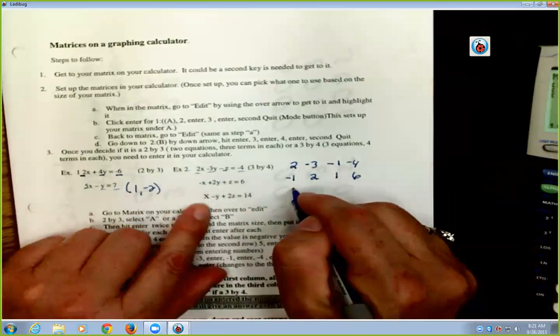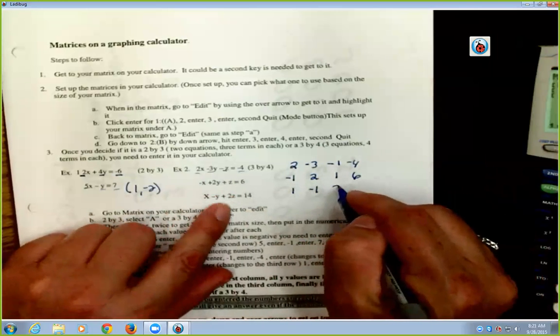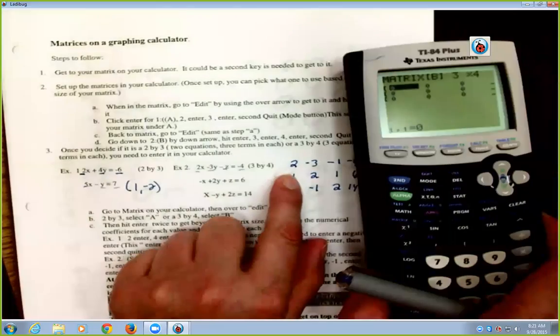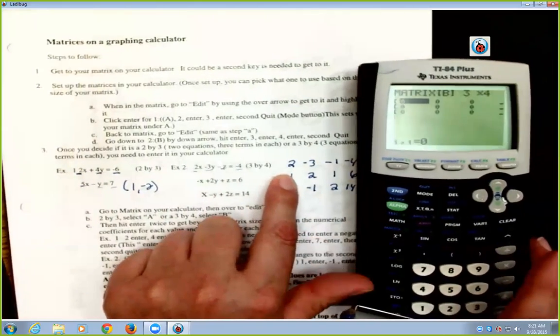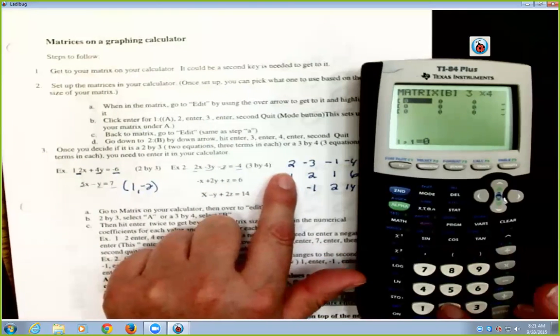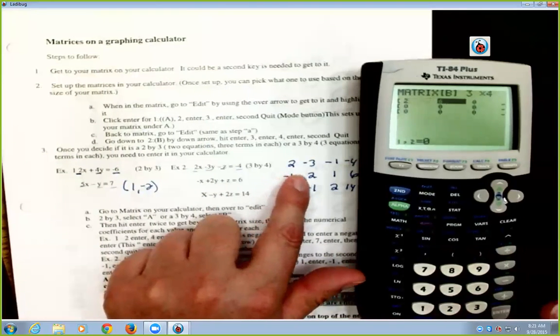The bottom row is a 1, a negative 1, a 2, and a 14. So now I'm going to enter all of these into my calculator so the calculator can solve my matrix. I'm going to put 2, enter, negative 3.